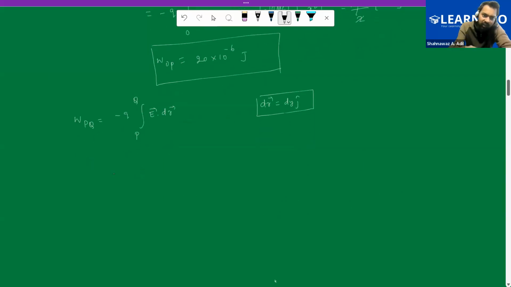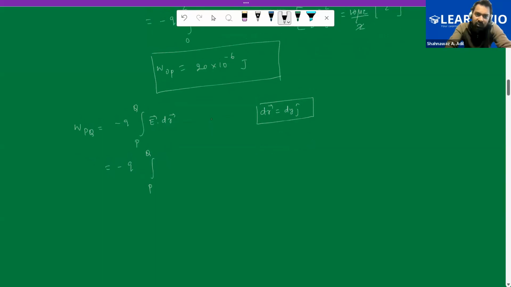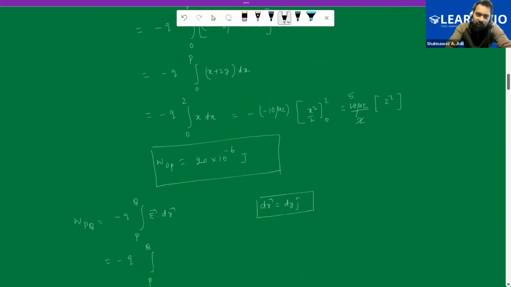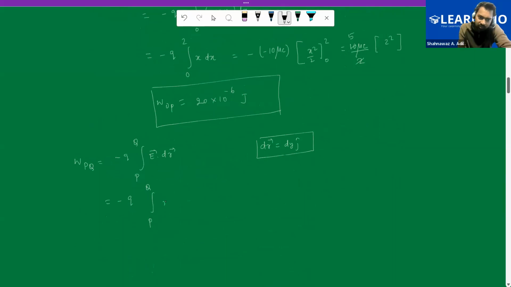So we put that value: minus Q, integral from P to Q, where E is x plus 2y i hat plus 2x j hat.